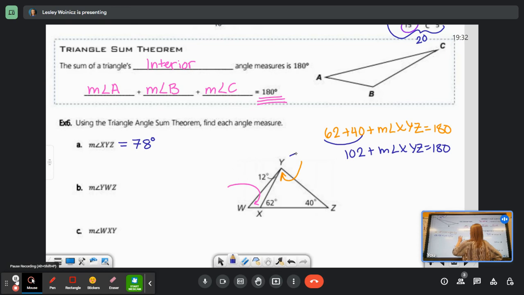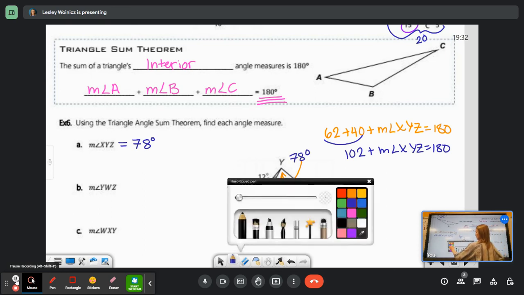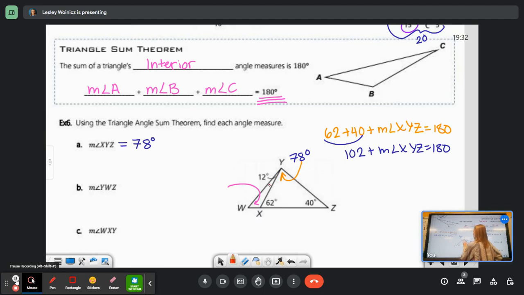This one we now know is 78 degrees, which makes this whole angle, angle WYZ, 78 plus 12. Oh, shoot, guys, that's 90 degrees.